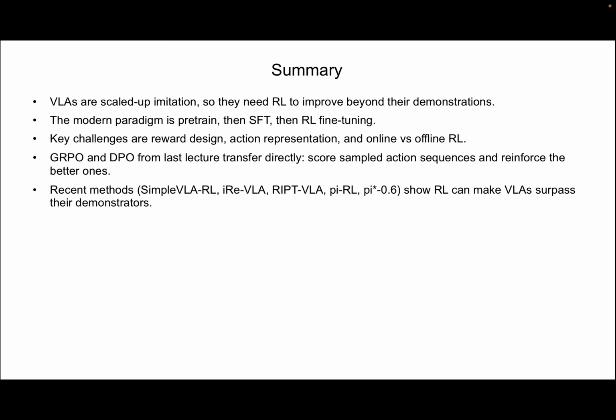The modern paradigm is pre-training and supervised fine-tuning, then RL fine-tuning. The key challenges are reward design, action representation, and online versus offline reinforcement learning. GRPO and DPO from last lecture transfer directly: sample action sequences and reinforce the better ones. Recent methods show RL can make VLAs surpass their demonstrations.